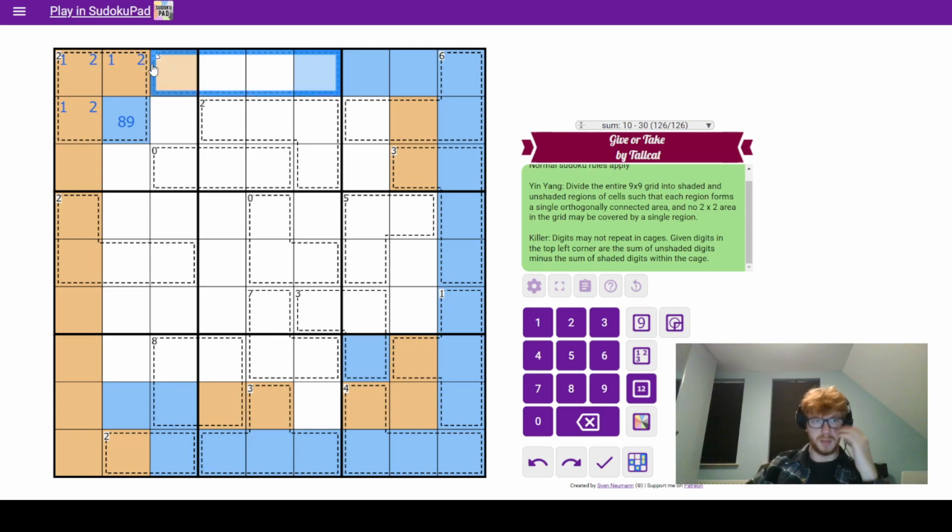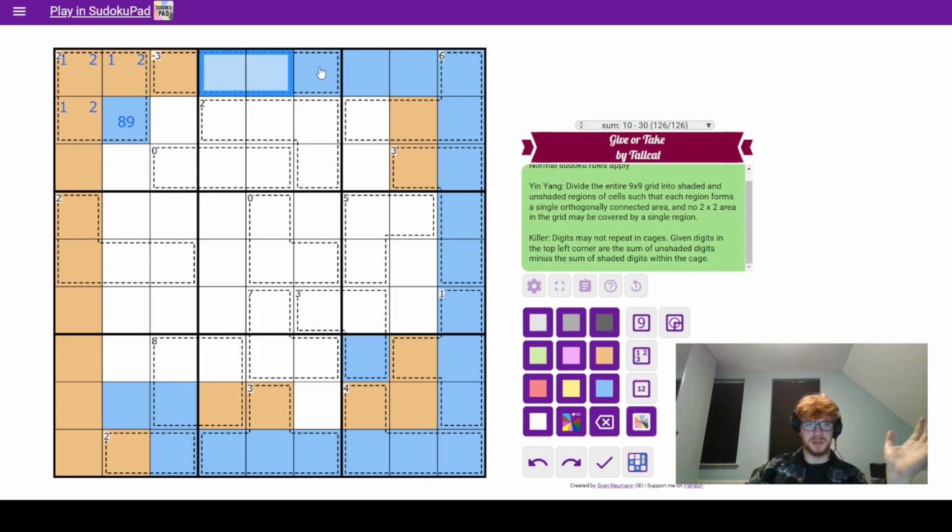Well, okay, let's look at the -3 cage because here orange has to be bigger than blue. Exactly 3 bigger. Well, okay, so that's something. Orange has to be bigger than blue. These cannot, so this is impossible, basically. Because then this would have to be 1, 2, 3, and this would have to be 9, which works.